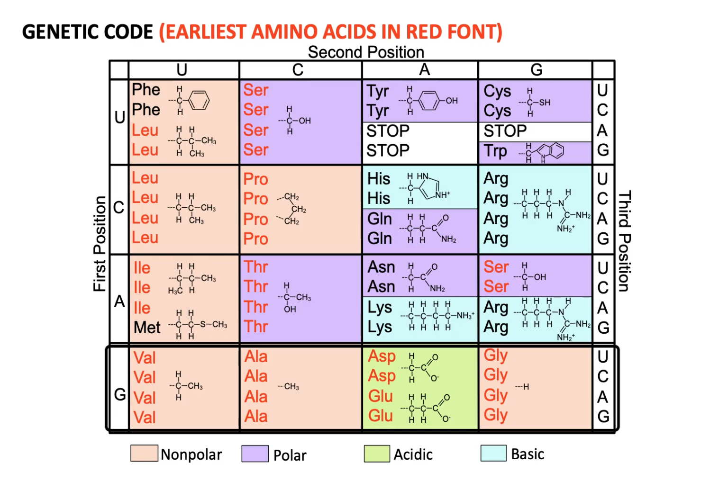So that points directly to this bottom group. There's the G in the first position, a U, C, A, G standing for each one of these amino acids on the bottom row, including valine, alanine, either aspartate or glutamate, and glycine, and then anything in that third position. And so that's quite variable in the third position.